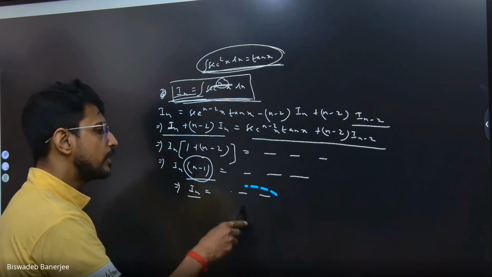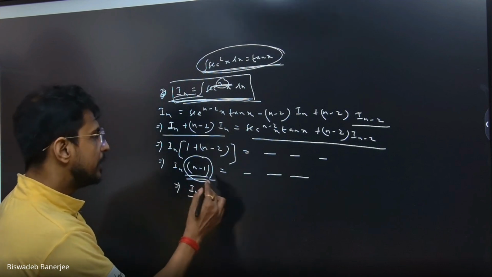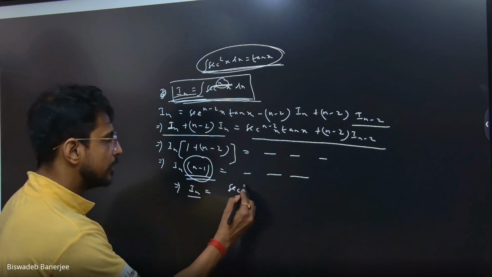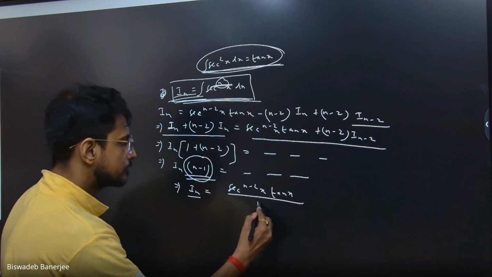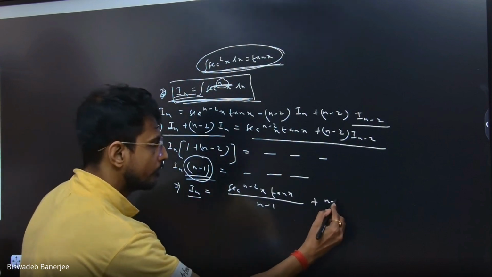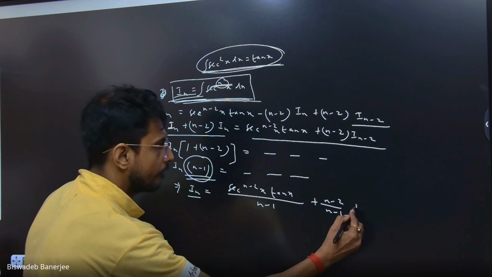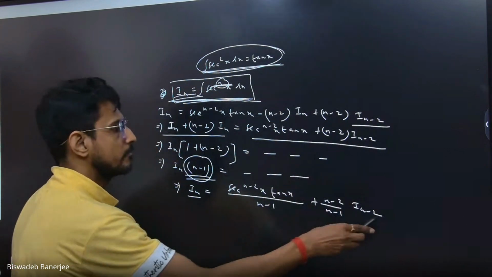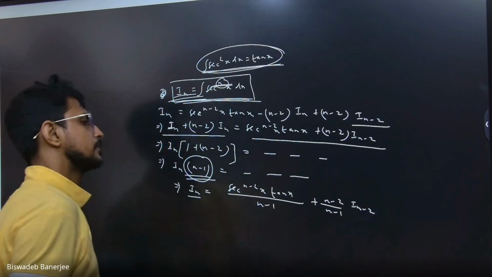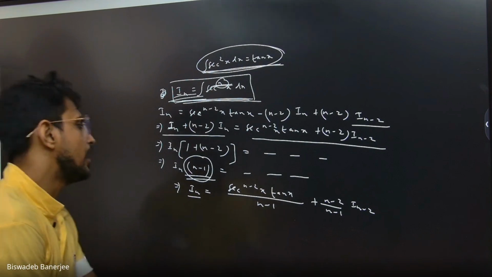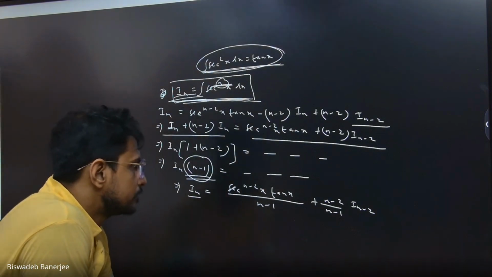Okay, I'm writing it. Just divide by n minus 1. So there is my reduction formula for In.